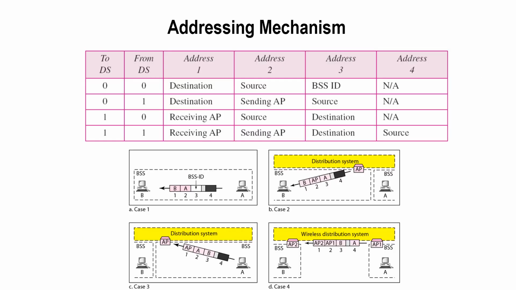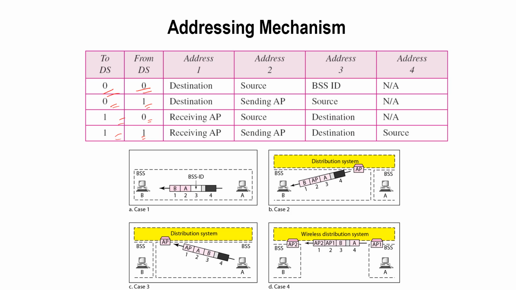The same thing is shown in this field, To DS and From DS, with various combinations 00, 01, 10 and 11, and the meaning is the same.